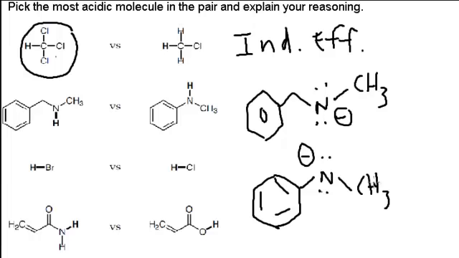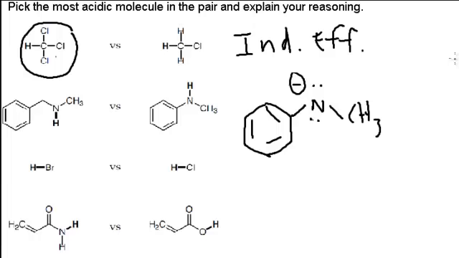So what you would need to do in this case is draw some resonance forms to show how the negative charge could be spread across the molecule simply by moving electrons. So let's show some of this distribution of electrons. This is also called delocalization of electrons.